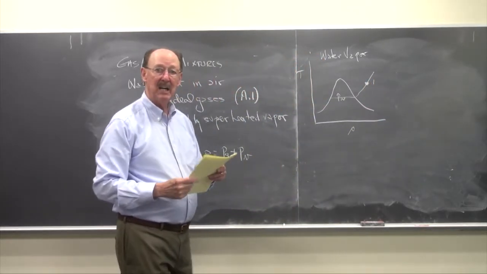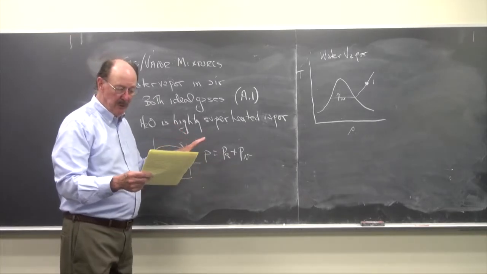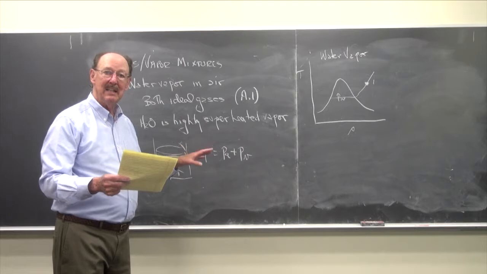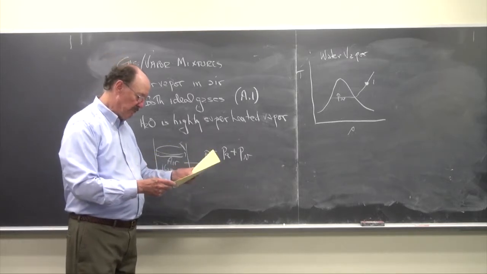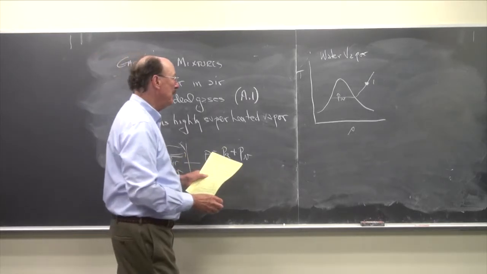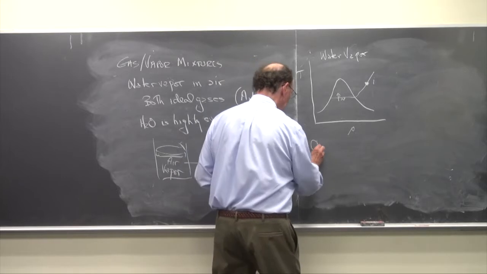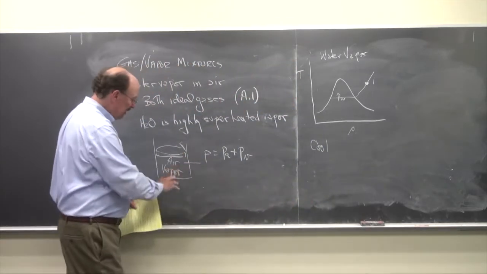It's highly superheated vapor. So this is what I have here. Now we're going to introduce certain terms that are associated with this. And so what we're going to do is cool the vapor down. So we're cooling the mixture down.